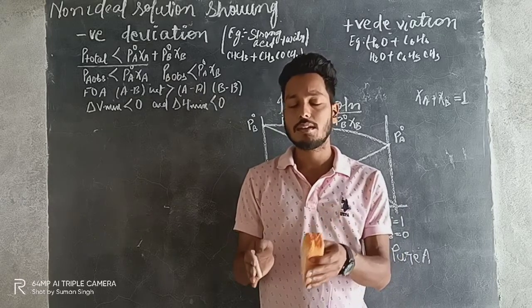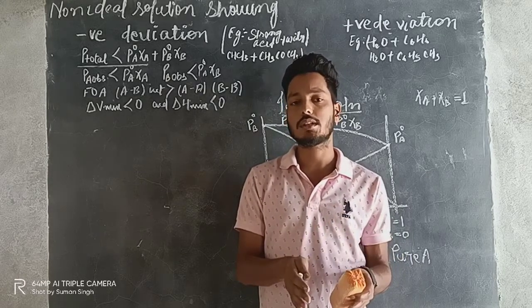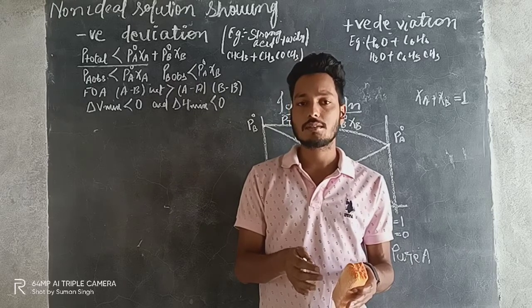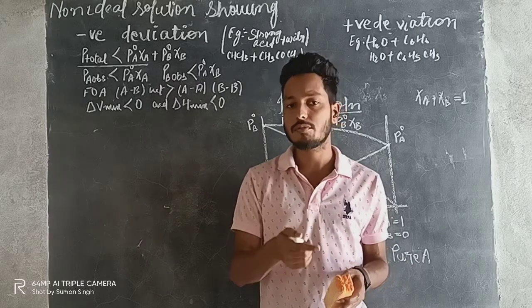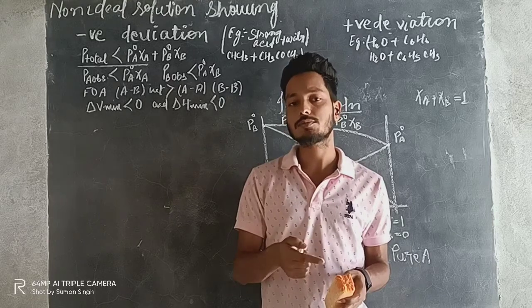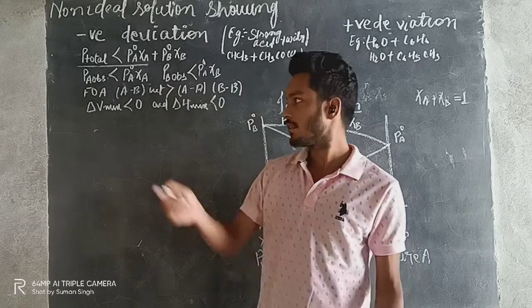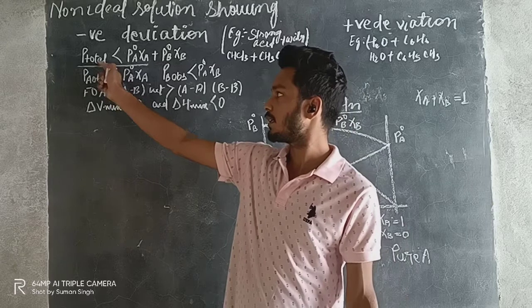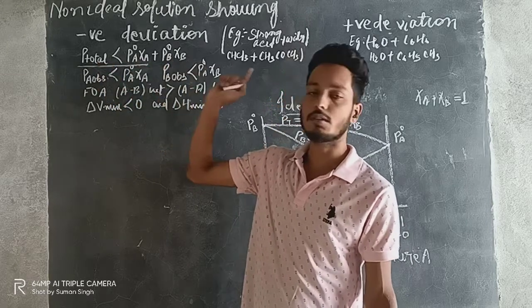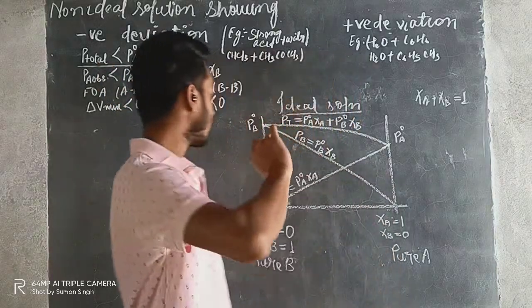So when we vaporize this, less vapor will form, and since less vapor is forming, the vapor pressure will be less. That's why P total is less than P naught A zeta A and P naught B zeta B. Let me make you clear once again.